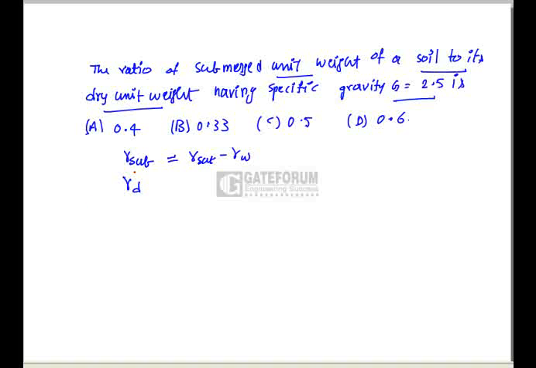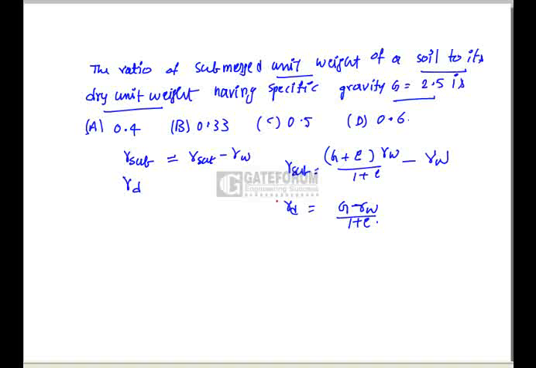In terms of specific gravity we can represent these terms: gamma saturated is (G plus e) gamma w by 1 plus e, minus gamma w, that is gamma submerged, and gamma d is G gamma w by 1 plus e.